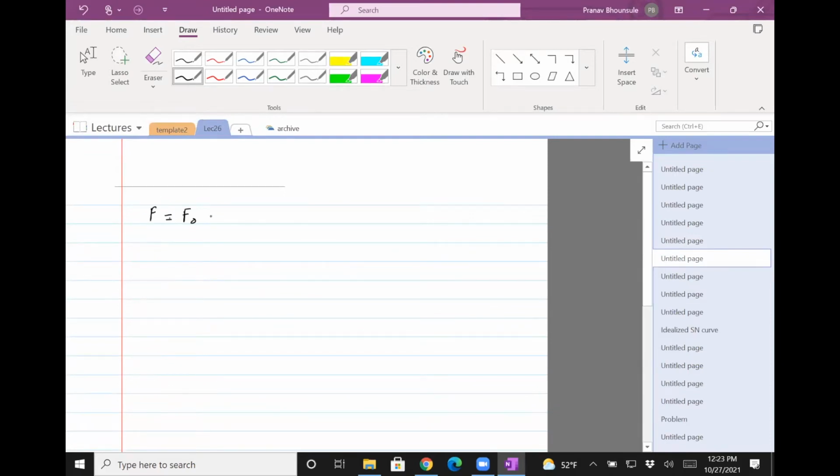So I'll just put F equals some amplitude times sine omega t, and that will make sigma x equals F0 sine omega t times a d divided by I. You can rewrite this as F0 a d divided by I, where I clubbed all the non-time terms together, and then I have sine omega t.